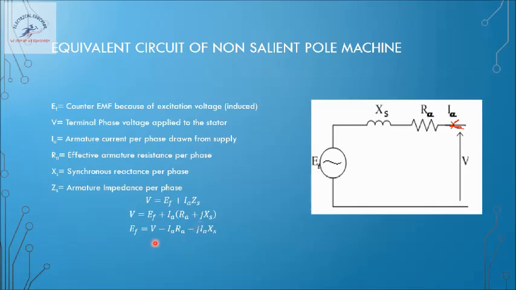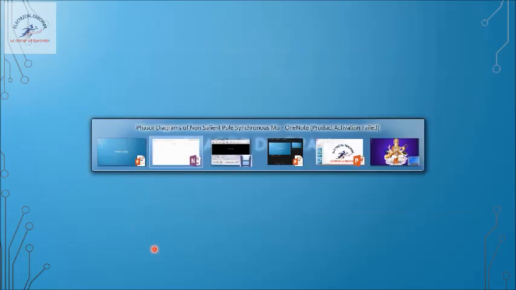We will first use V as a reference and then use IA, find these terms, draw the phasors, and then find EF from the phasor diagram.